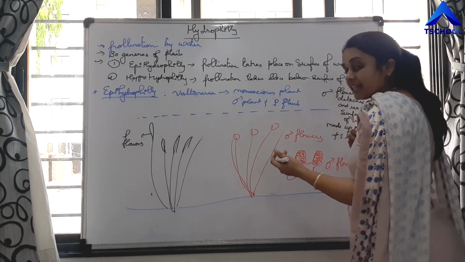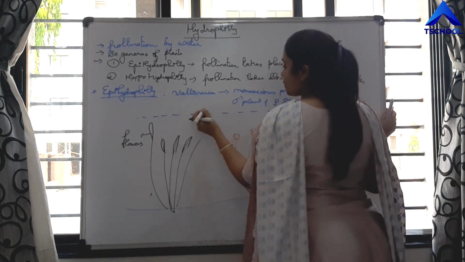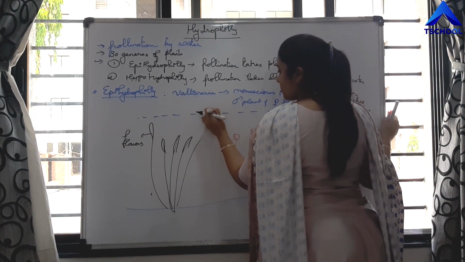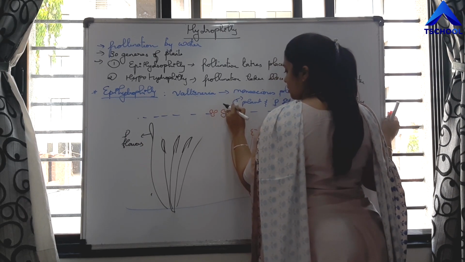So it is going to detach and it reaches the surface of the water, right? So say this is the male flower which has reached the surface of the water, right?